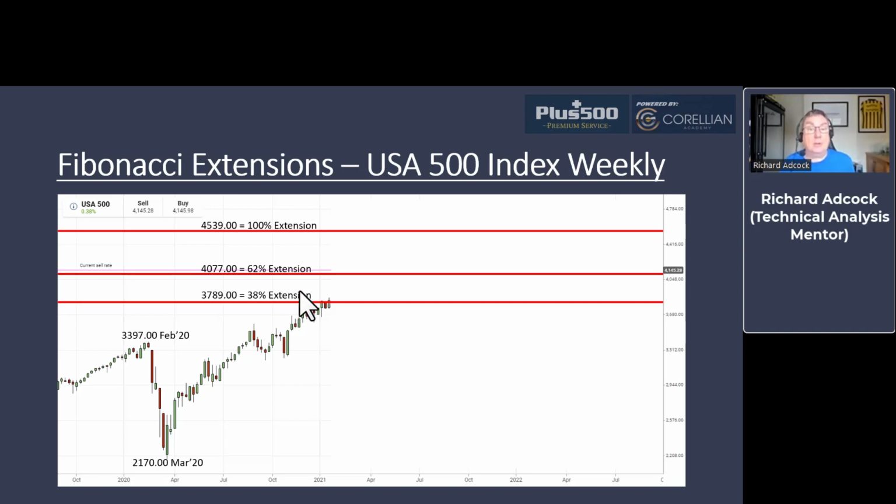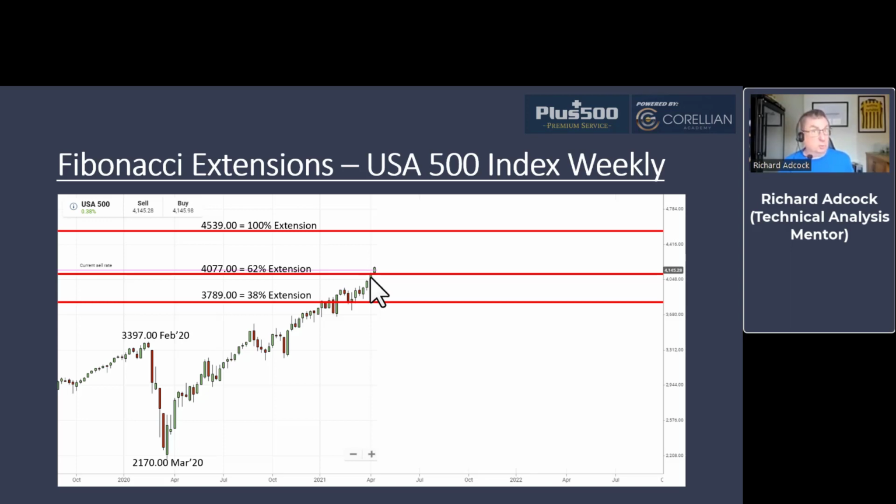Now, as it happened, we found resistance for a short period of time at this 38% extension level, but then started to see a break to the upside. Once we start to see that price activity, the projection of price potential is towards the 62% extension of 4077.